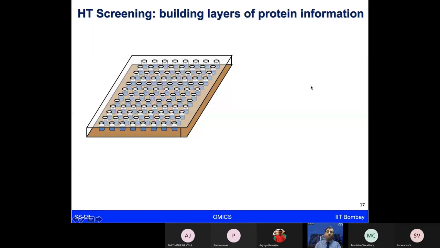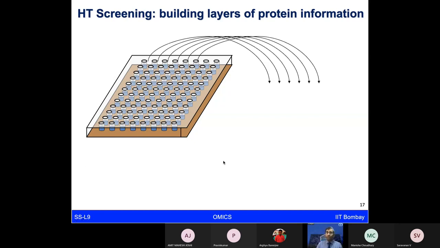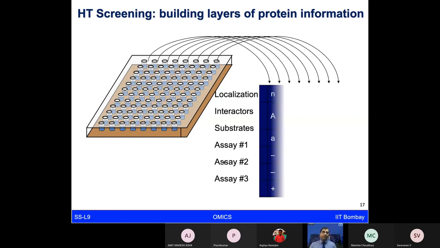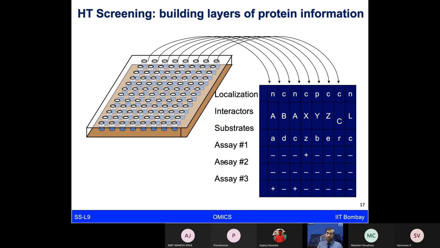What we are talking about right now is studying these proteins, their interactions, and their various properties to build layer by layer information, which is very important if you want to understand any life science system, any biological system, of course the human system: where these proteins are localized, how these proteins interact, which are the substrates for these proteins, and what assay conditions we can develop to understand these proteins. You can't just study them in isolation. You have to make these layers of information and then try to understand a system, which can give you much more powerful information, much beyond just looking at a single molecule.